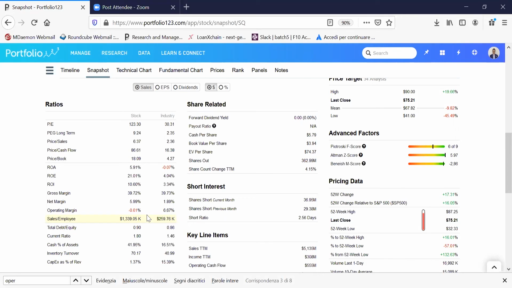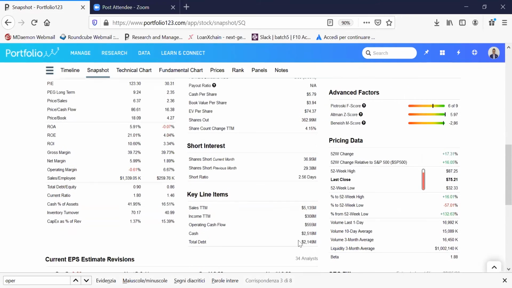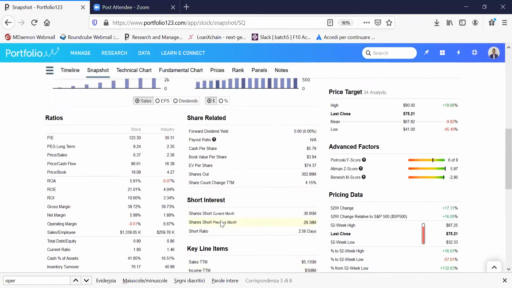Especially in a moment like this, where a lot of companies are rushing to the bond market and are not getting a cheap price tag on the bonds that they are issuing.